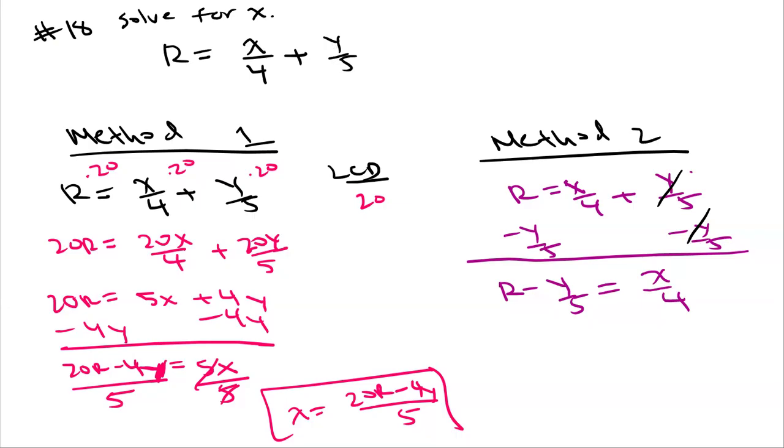Exactly, you need to multiply. So we're going to multiply this by 4 and then multiply this whole thing by 4. Okay? And then we're going to distribute that. So we're going to have 4r minus 4y over 5 equals x because the 4's will cancel.